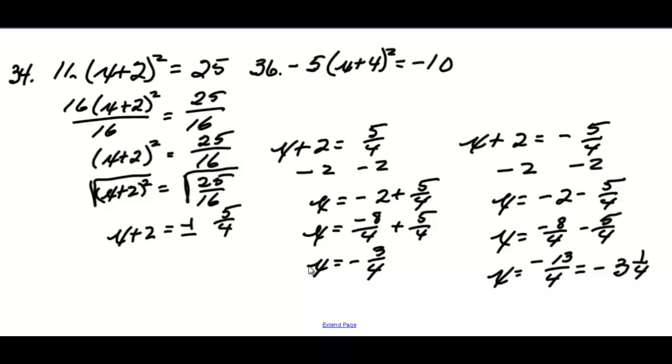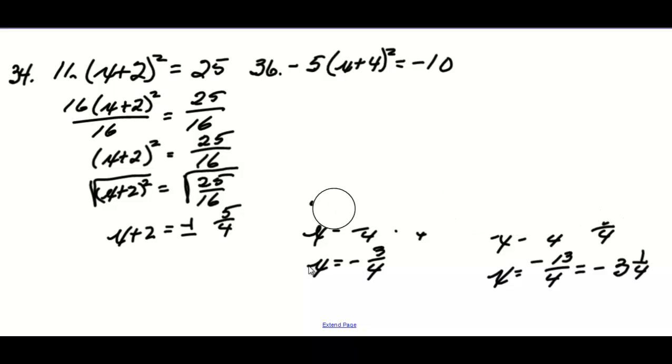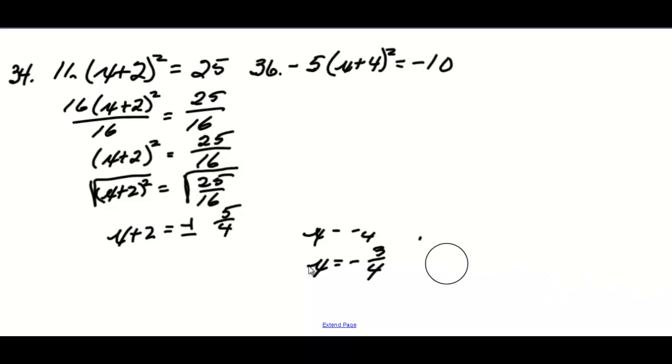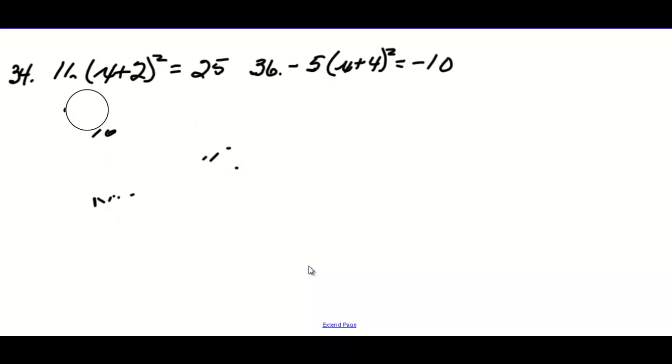And now we want to take a look at number 36. So we're going to erase a little bit here. What we need to do with 36 is manipulate the negative numbers. We need to get rid of those if we can.